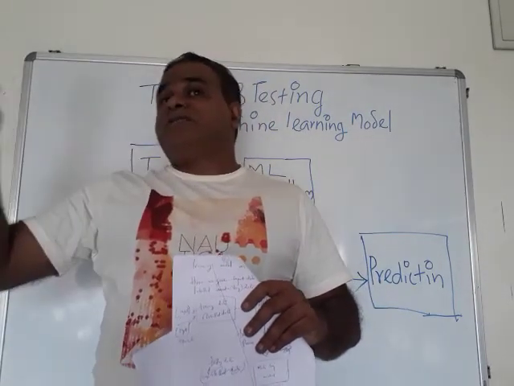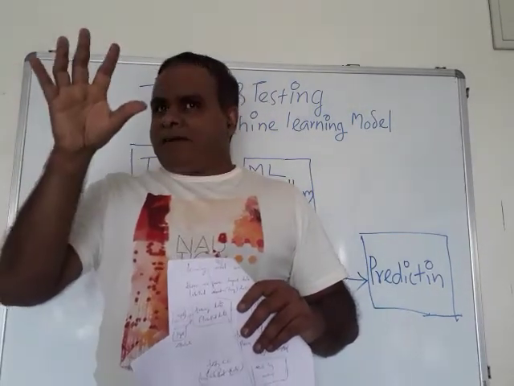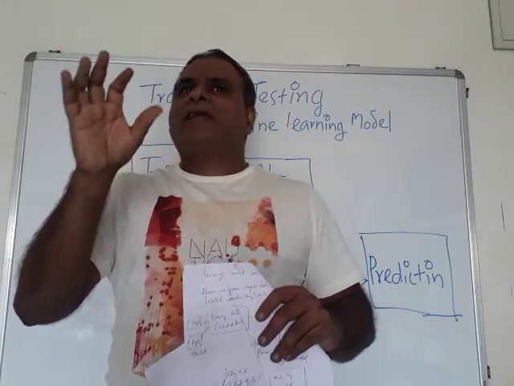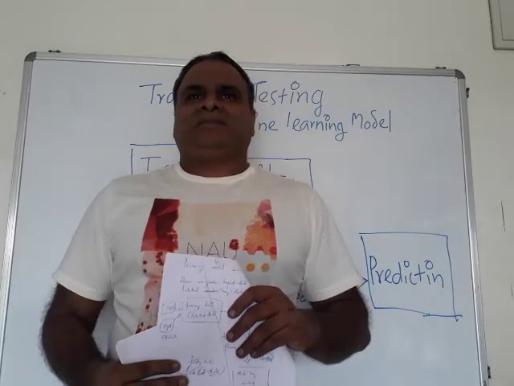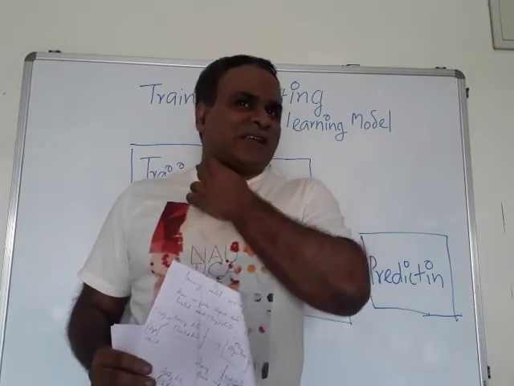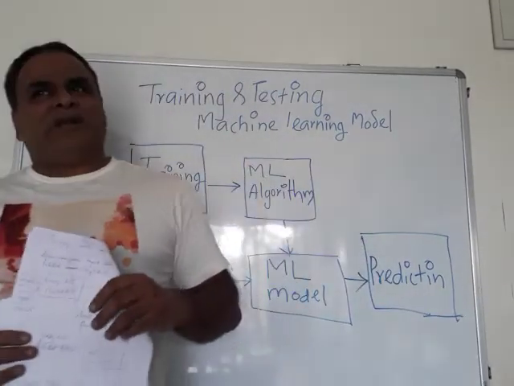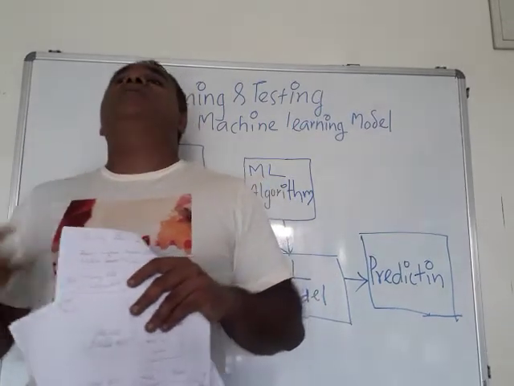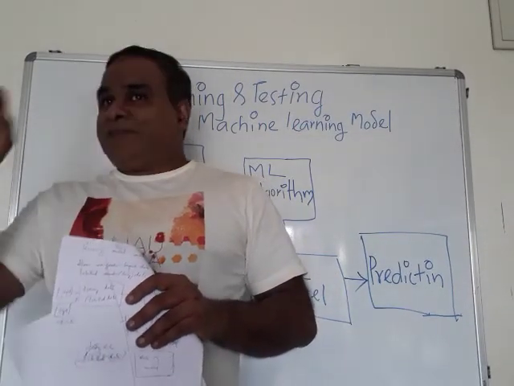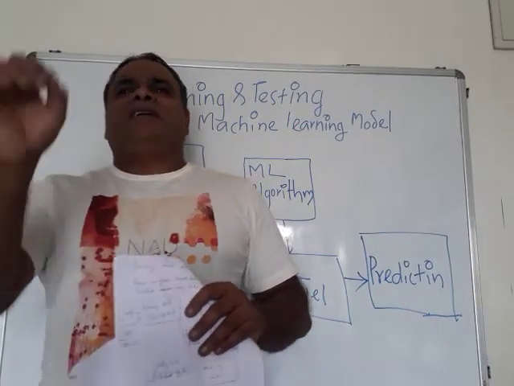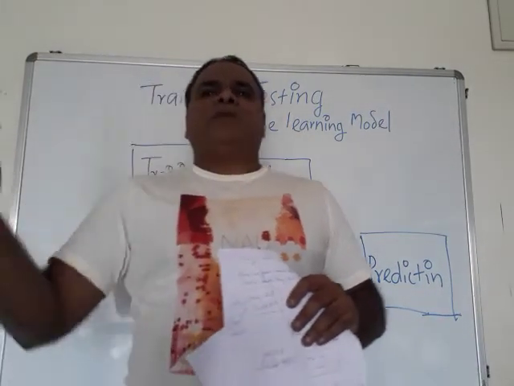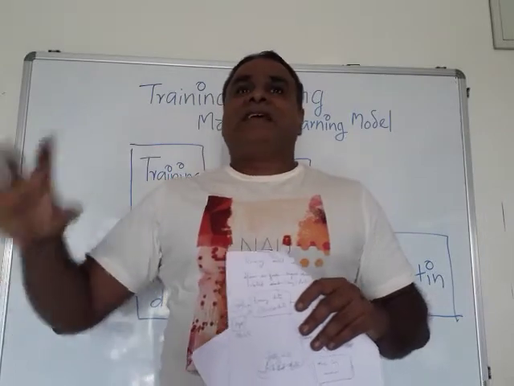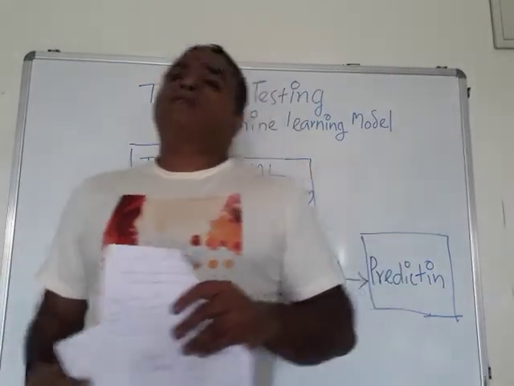Then we call that unlabeled data. It is very difficult for a machine learning model to process unlabeled data. But if it is written there, this is cat, this is horse, this is lion, then we call it labeled data.